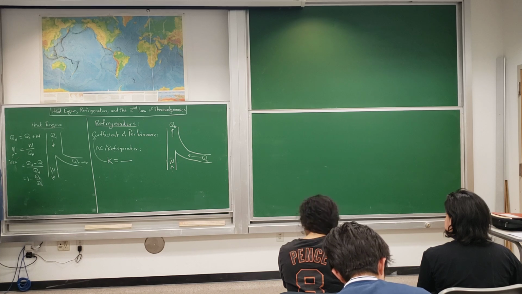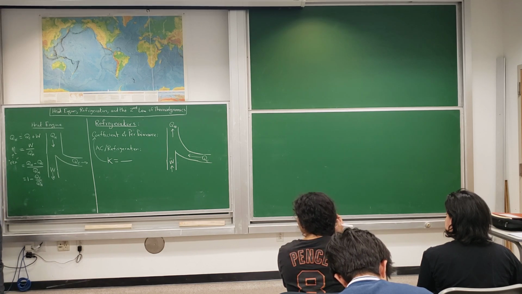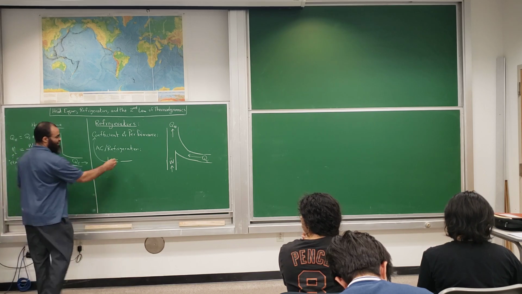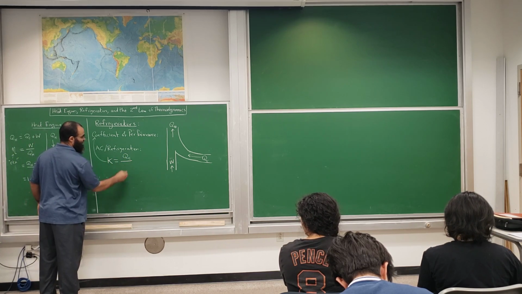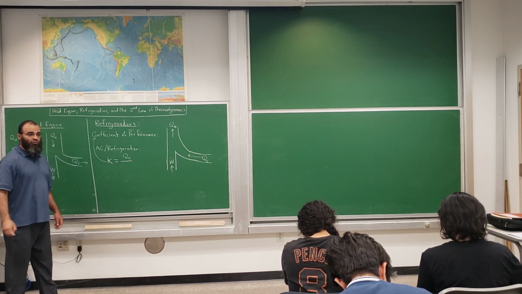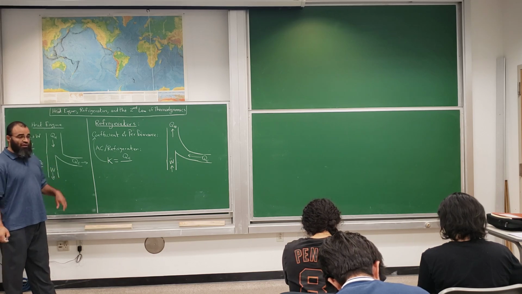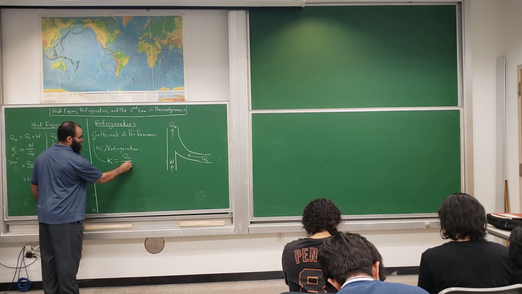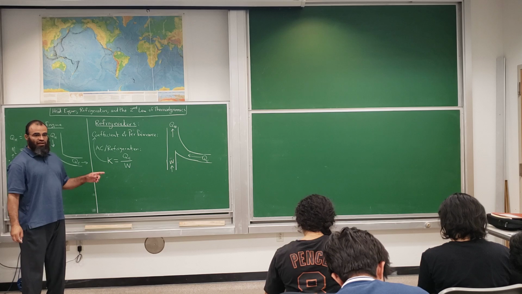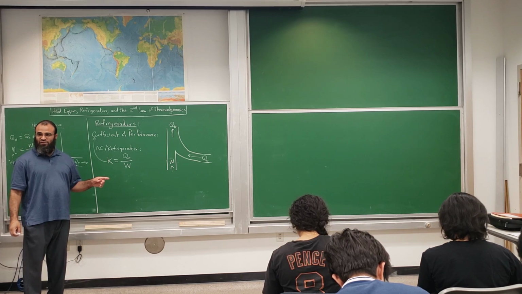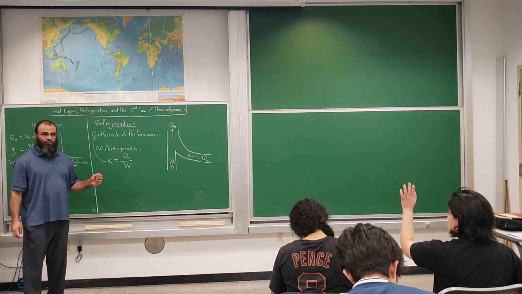What do we get in this room from what the air conditioner does for us? It removes heat. So what we get is the heat that's removed. What did we have to pay? Work. That's the coefficient of performance for an air conditioner or a refrigerator.